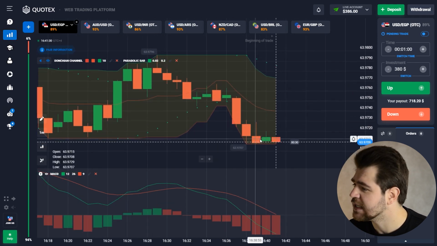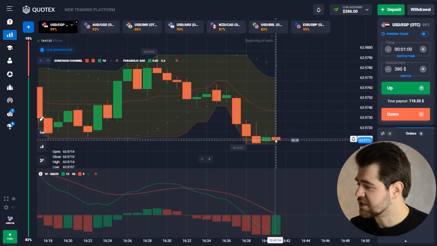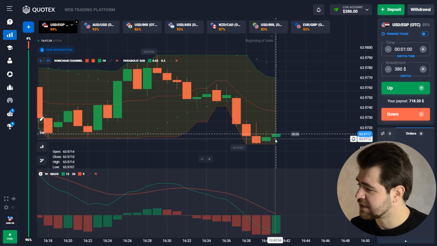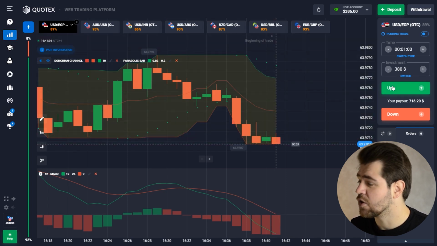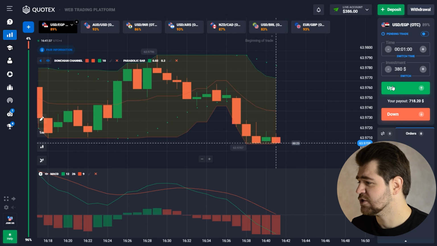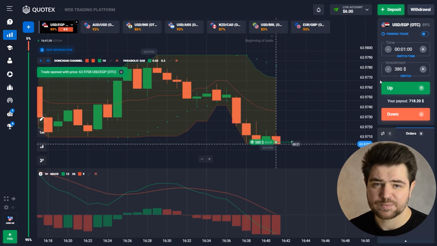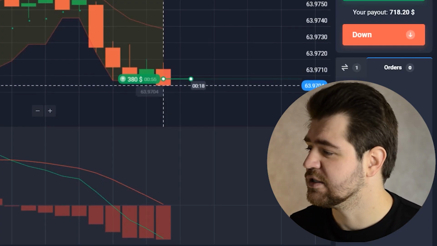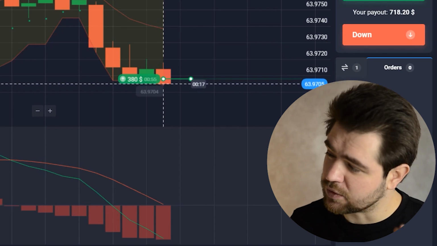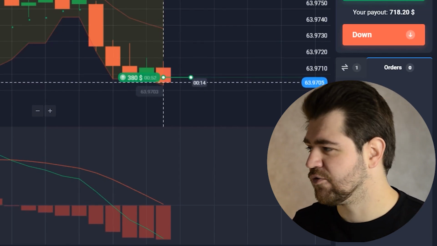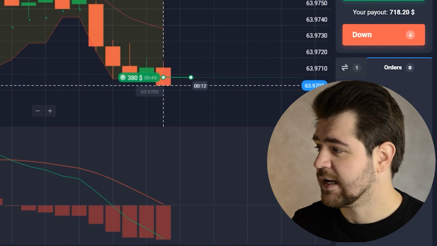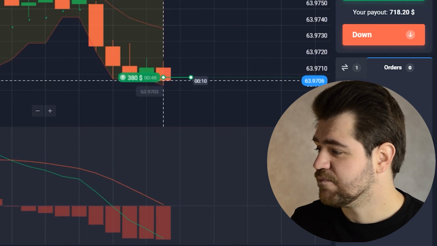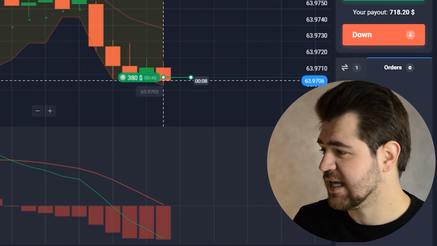Right, so that's okay. So we are reaching the support levels, and I'm going with the call option again. As you can see, the support is giving us this push towards correcting towards the middle line of the Donchian Channel, and basically that's that.